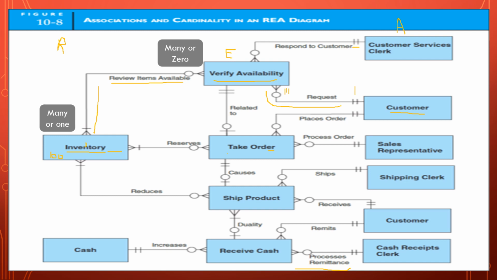When we place the order, we have the same relation of many or zero and one or many for taking order. If you notice, it's quite the same here. The reason it's the same is because it is considered a supporting event, and the inventory is the many, including many records about the inventories.